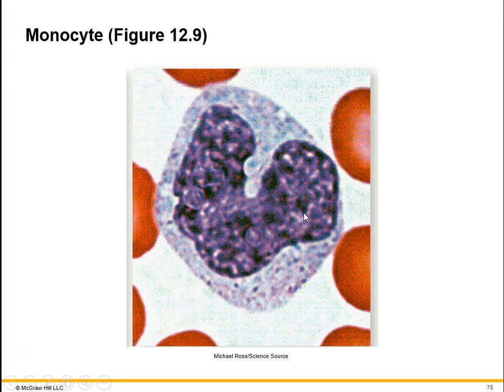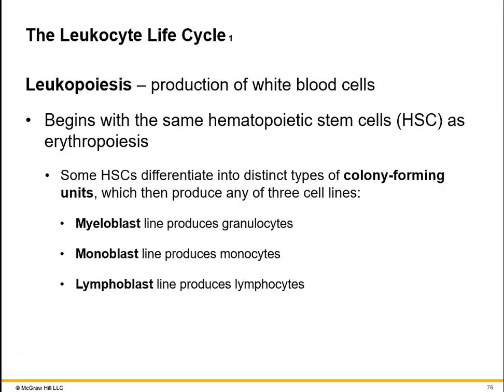It is really big. And when these monocytes hang out in your tissues for a long time, they can differentiate into an even more powerful cell called a macrophage. Macrophages are really, really large white blood cells that have very good ability to phagocytose pathogens. So they can engulf pathogens and digest them very, very easily.